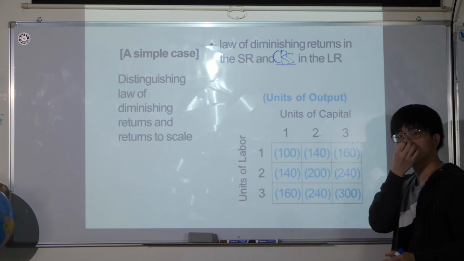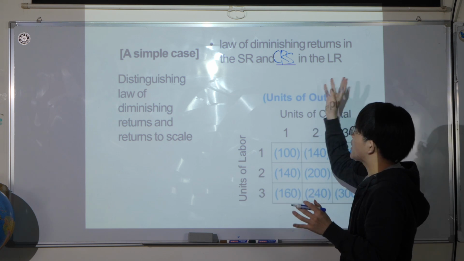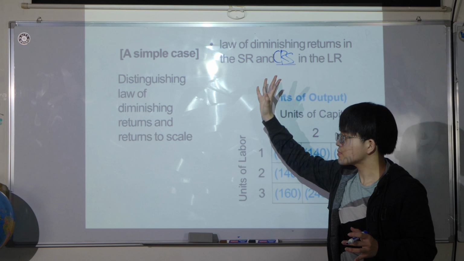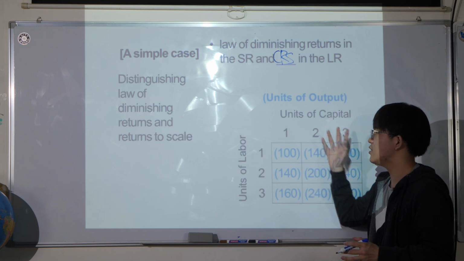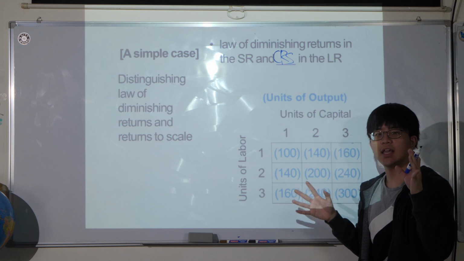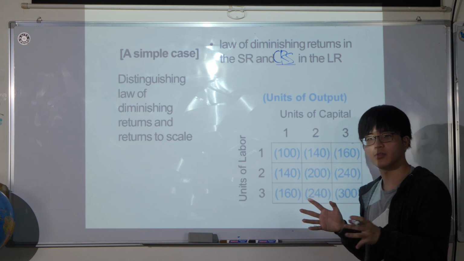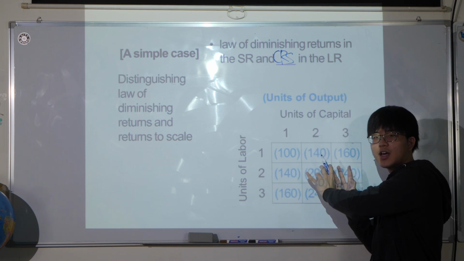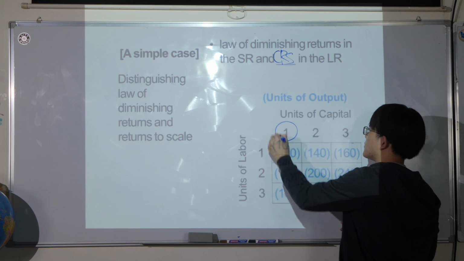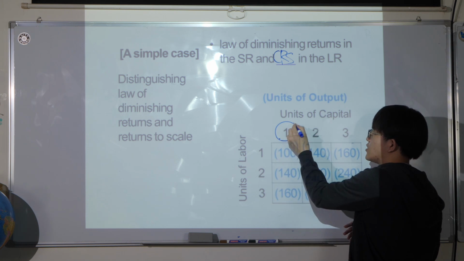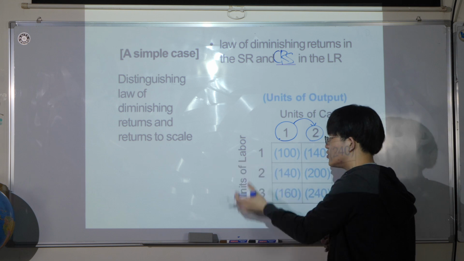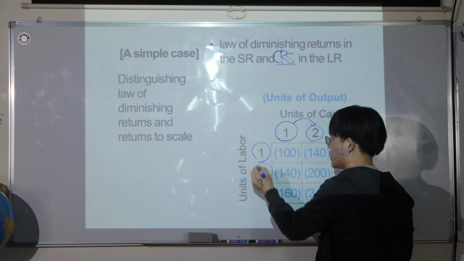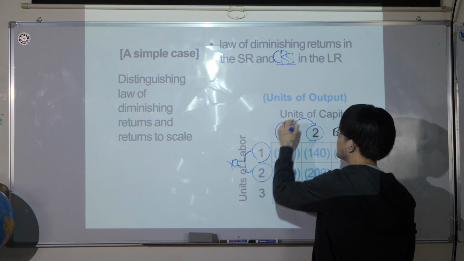So as I mentioned before, I will first start with constant returns to scale. When there's an increase in the input, output should double, right? So when input doubles, output should double. The unit of capital is increased from 1 to 2, which doubles, and the unit of labor is also multiplied by 2.